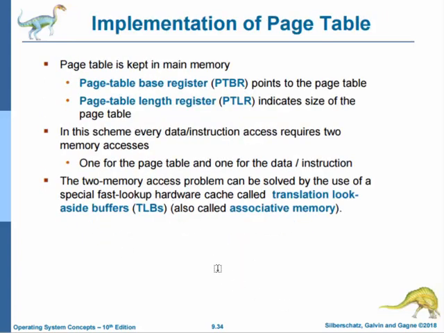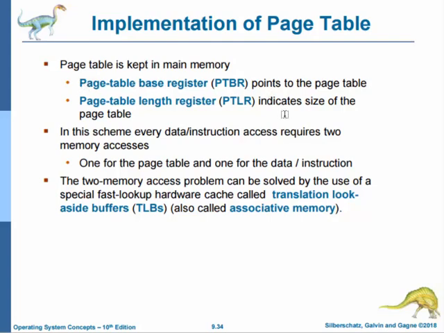Now, inside the memory, we have what we call a page table, and it is being kept inside the main memory. There is also a pointer to the page table, which stores the other register values, like for example the instruction pointer. This is what we call the page table base register.